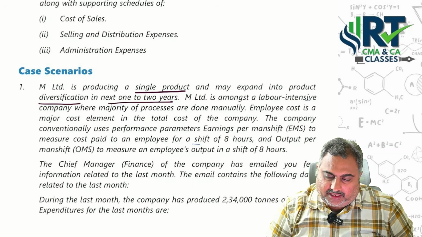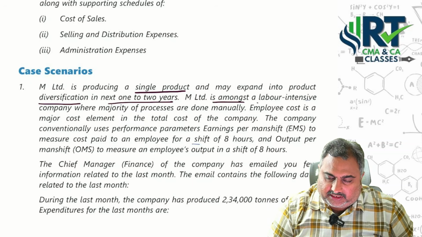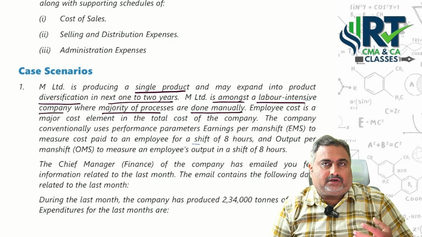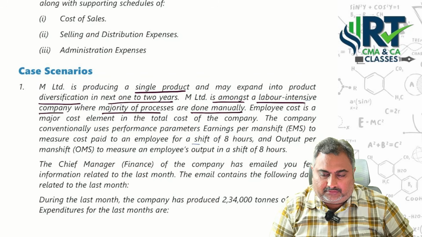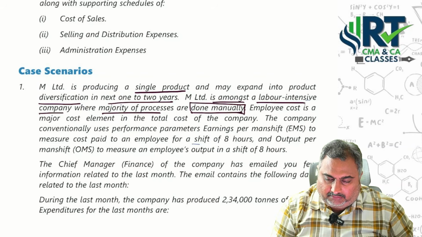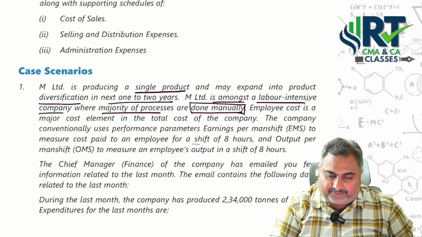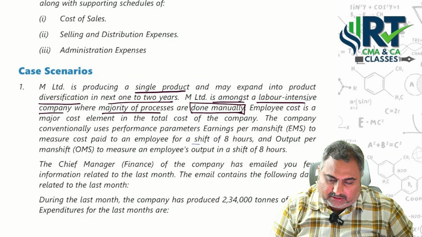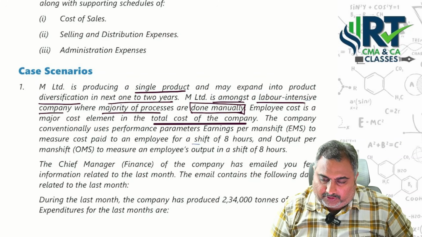M Limited is a labor intensive company where the majority of the processes are done manually. So majorly, whatever work they do, the major part is done manually only. So employee cost is a major cost element in the total cost of the company.